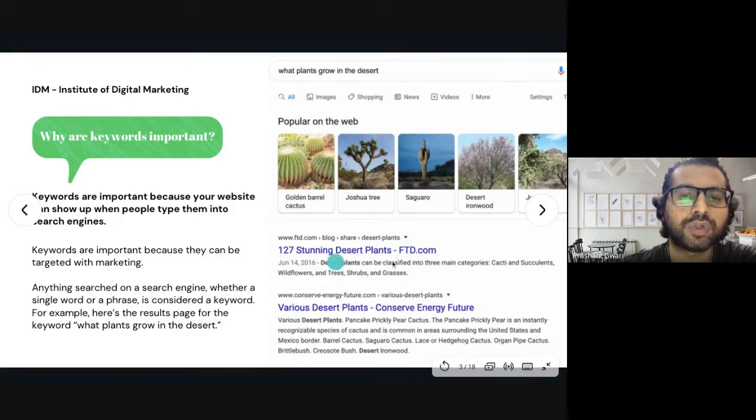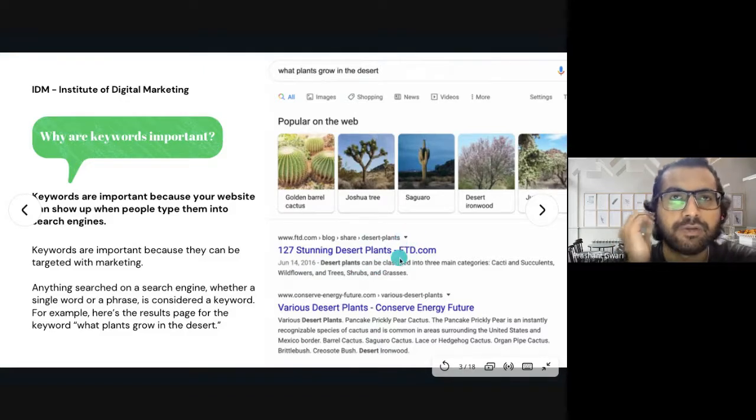It's also used in the headline or title tag. It's also used in the meta description. So you can see they are using the same keywords in all those three things. Top one is page URL, second one is headline or title tag, and the third one is meta description.